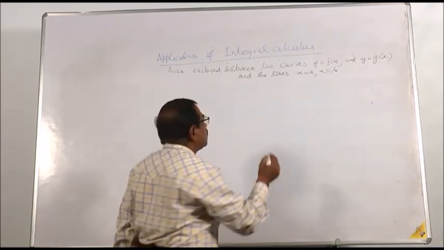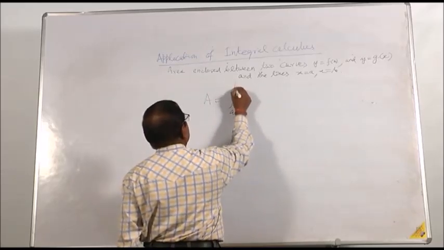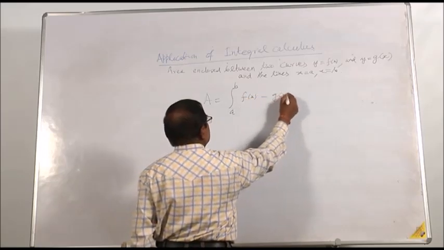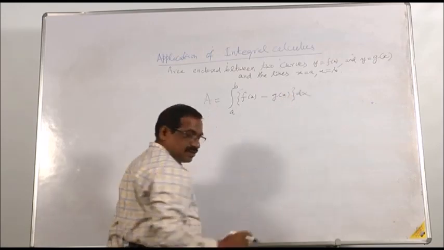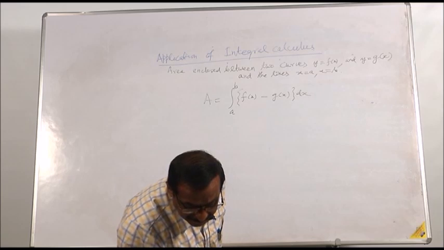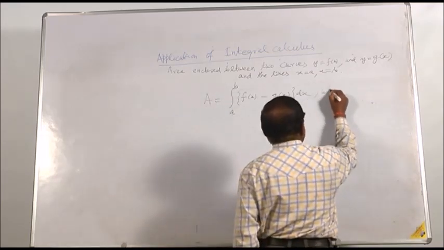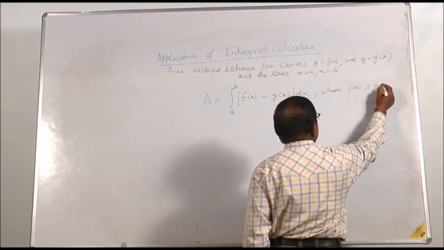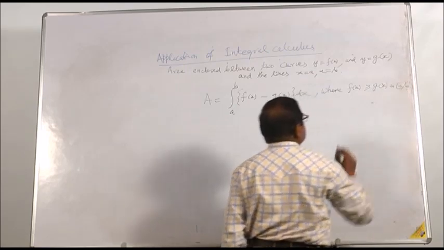A is equal to the integral from a to b of (f(x) minus g(x)) dx, yes, where f(x) is greater than or equal to g(x) in the interval.